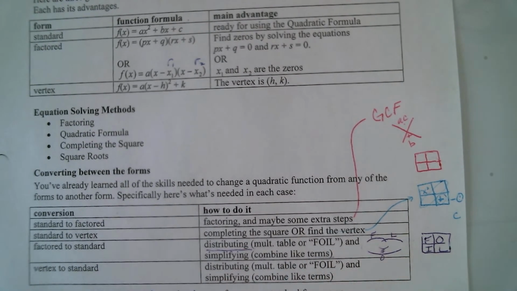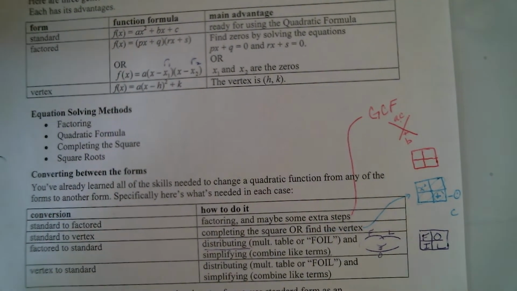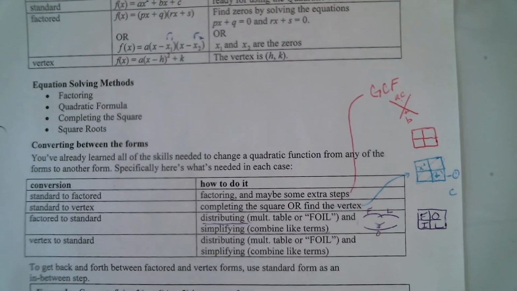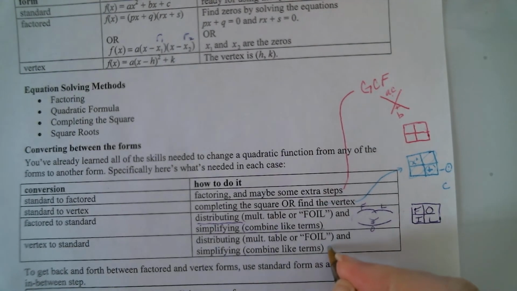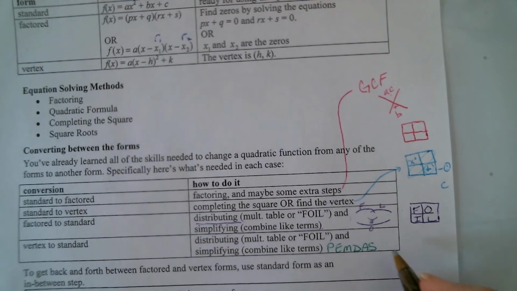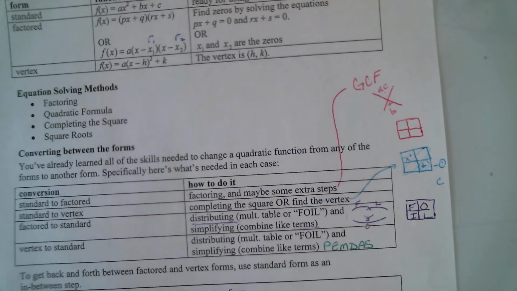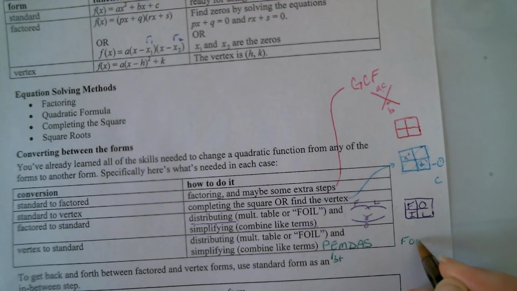If we have vertex form that we are trying to get to standard, we just follow order of operations, and sometimes we forget some of those: parentheses, exponent, multiply, divide, add, subtract. Basically, you're going to do what's in the exponents first, probably by doing FOIL, because you probably have a binomial that's getting squared.